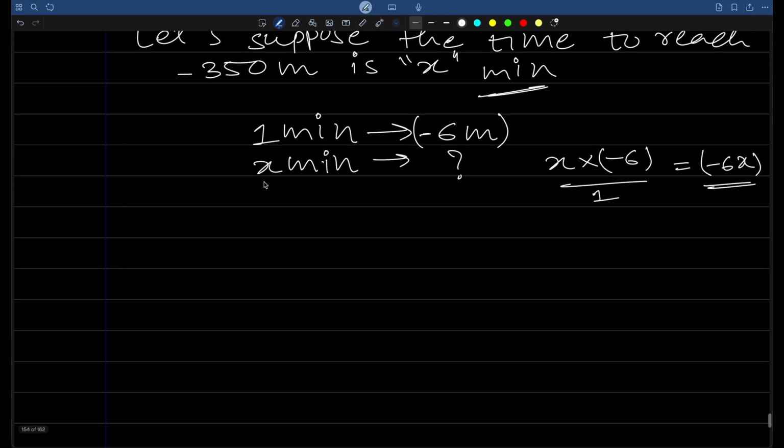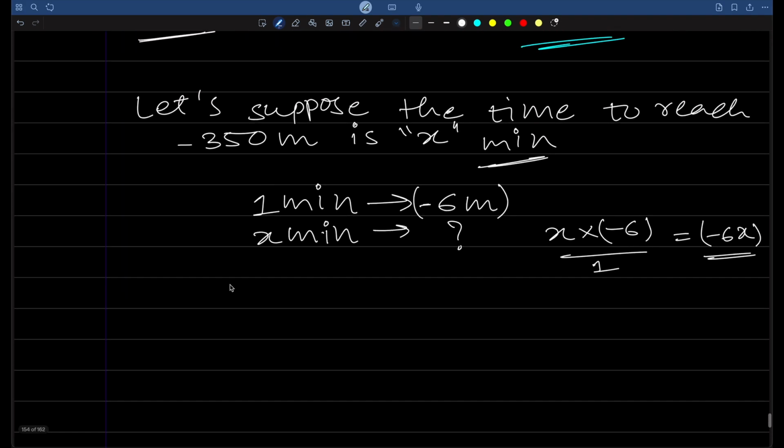So in x minute it descends by minus 6x meter.